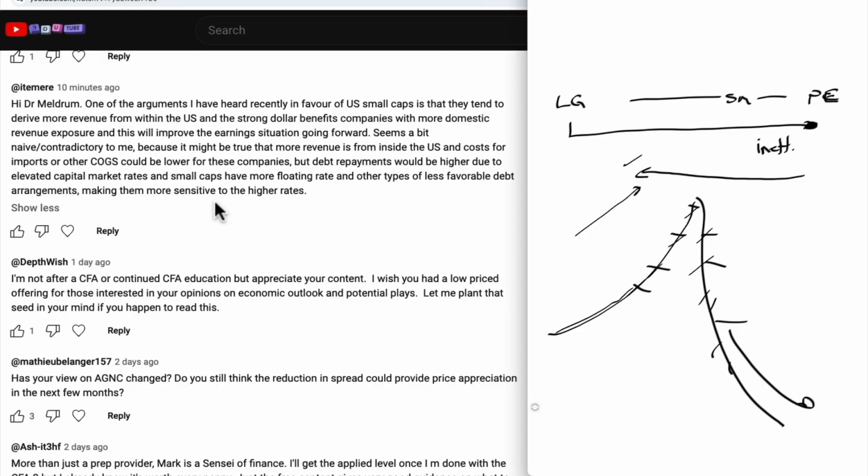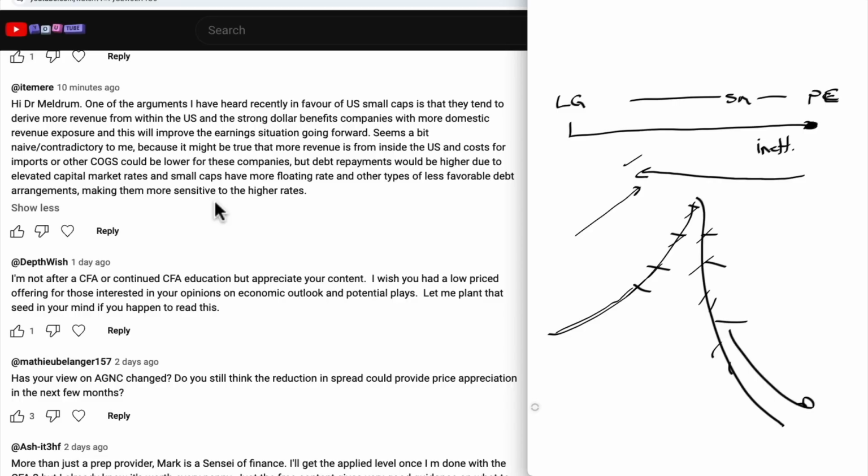But on a weaker U.S. dollar, they also wouldn't have the effect of a currency adjustment gain. I don't know that I would say it benefits them as much as it doesn't disadvantage them.